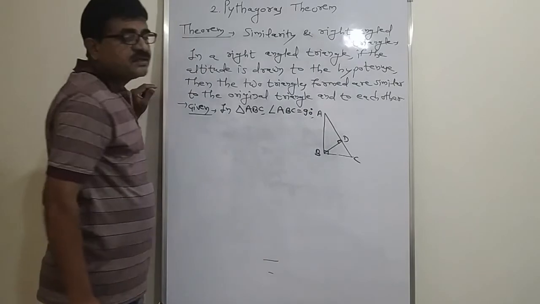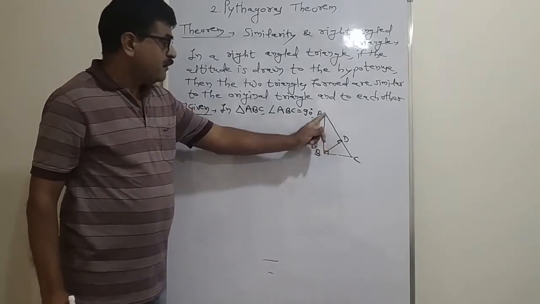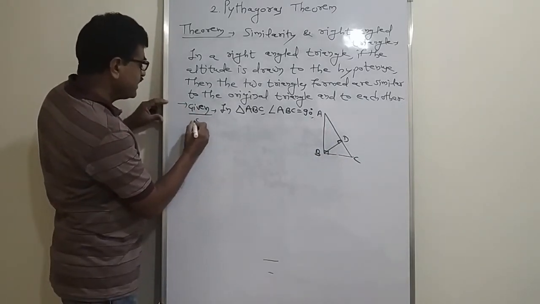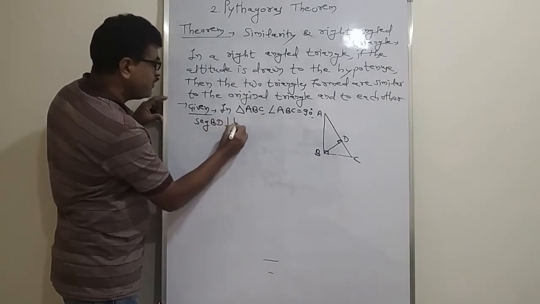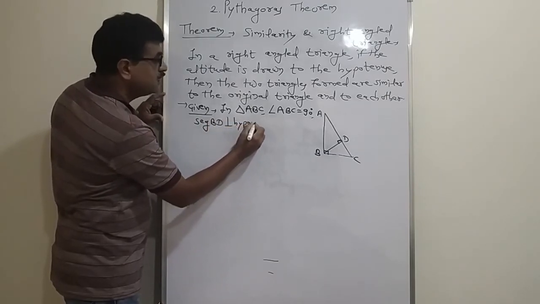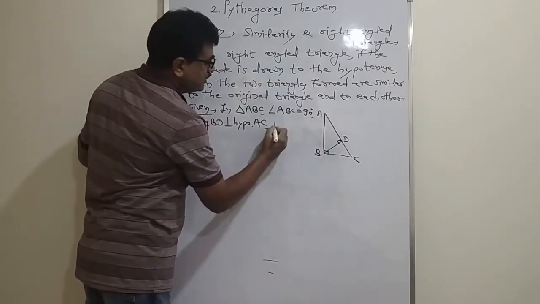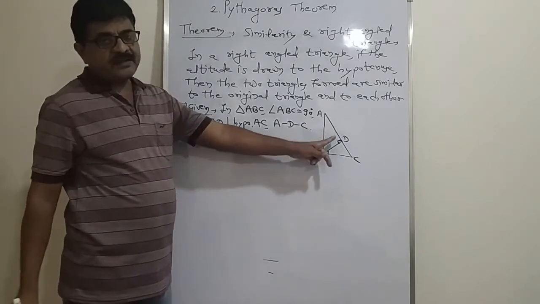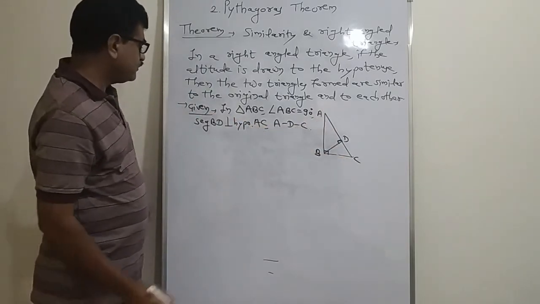Segment BD is perpendicular to hypotenuse AC, and A-D-C, that is, point D is in between points A and C.